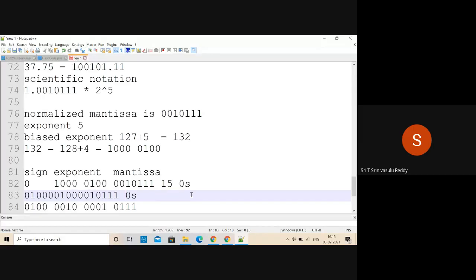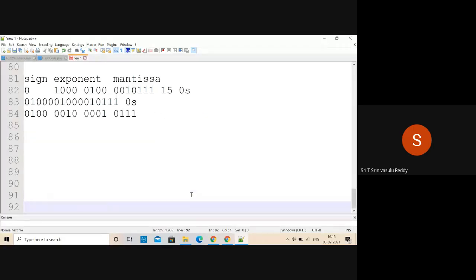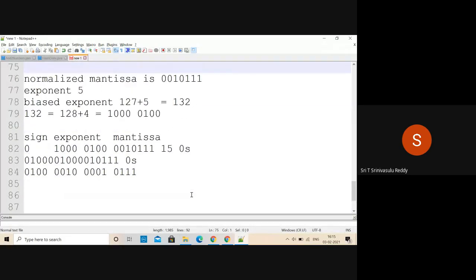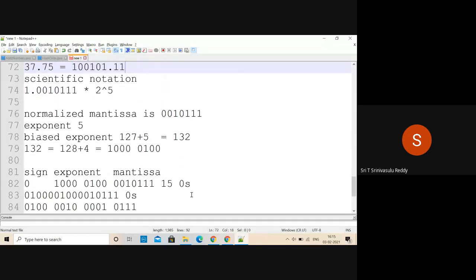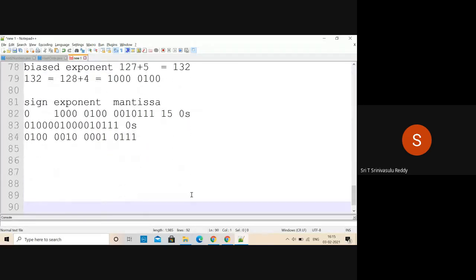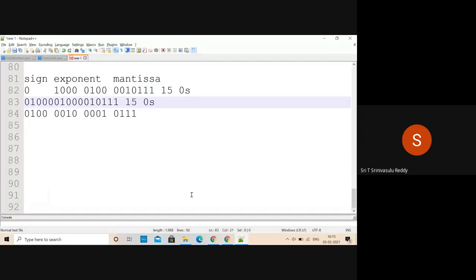Now you must have as many as 15 zeros as required: 1, 2, 3, 4, 5, 6, 7, 8, 9, 10, 11, 12, 13, 14, 15.